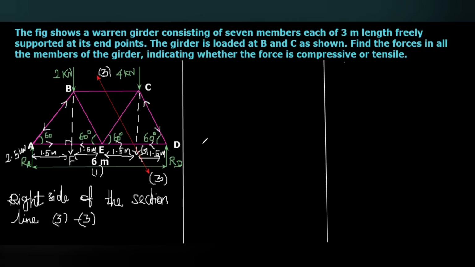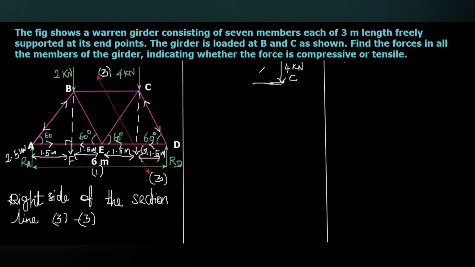I will just draw the free body diagram here for our reference. That means here you can see this is point C. At this point C, a 4 kilonewton downward force is acting.